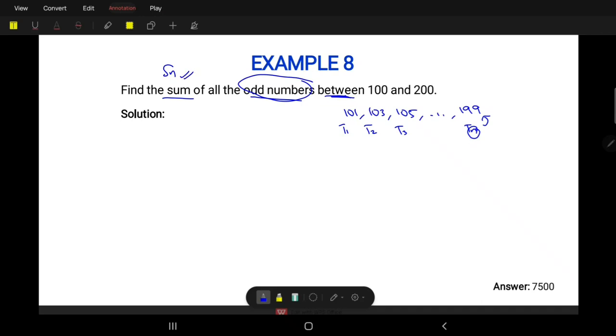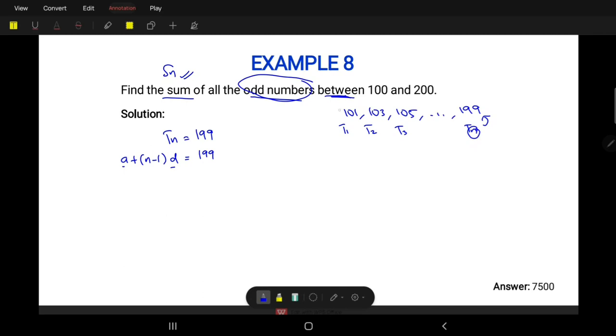Use Sn, macam tadi juga. So Tn is equal to 199. Use the formula A plus n minus 1 D equals 199. So how to find the A? How to find D?